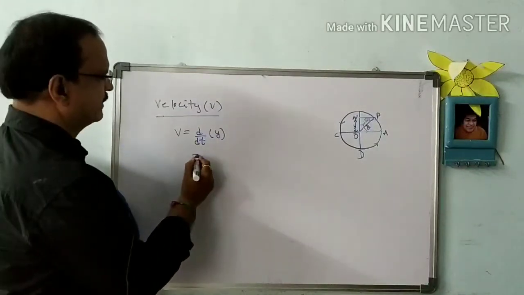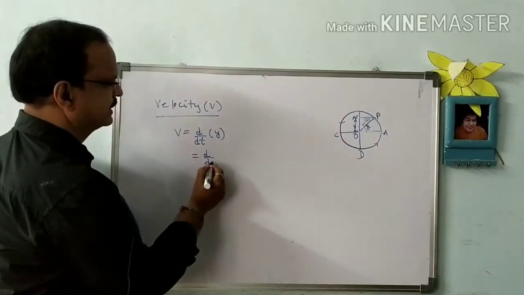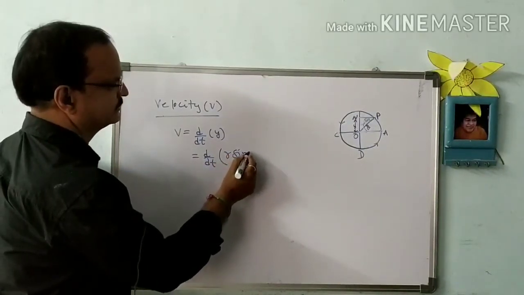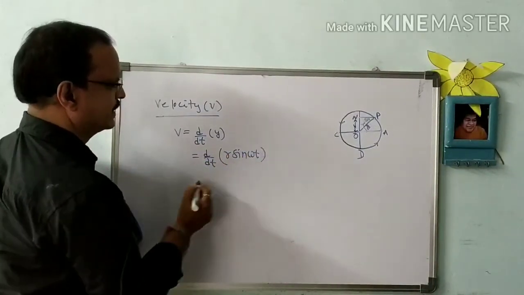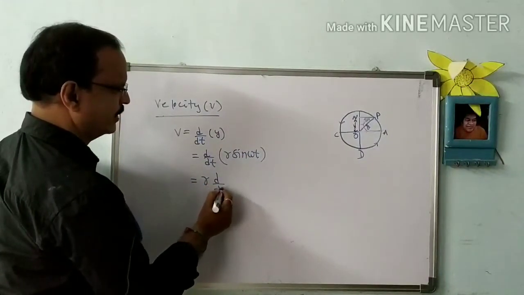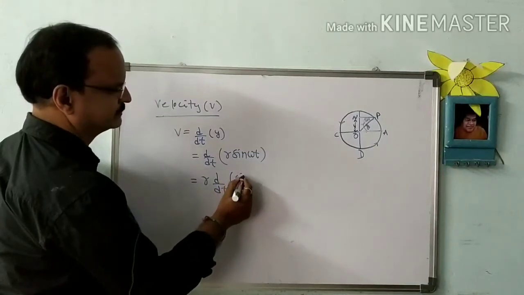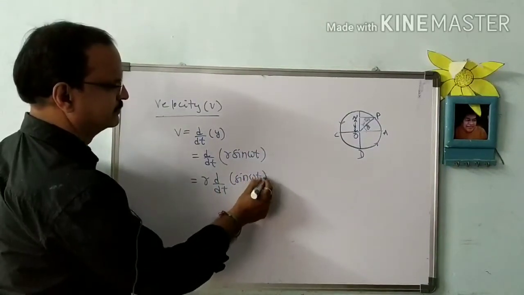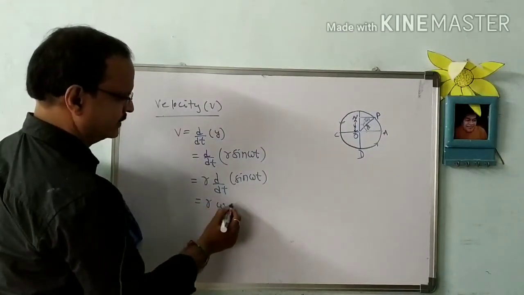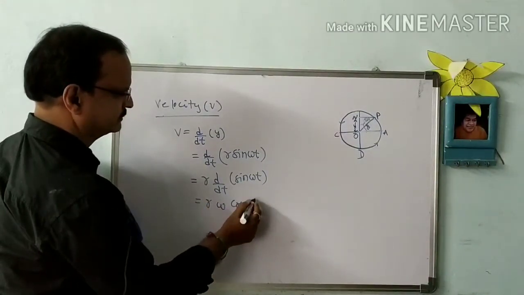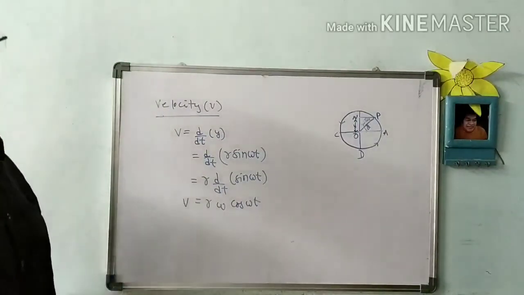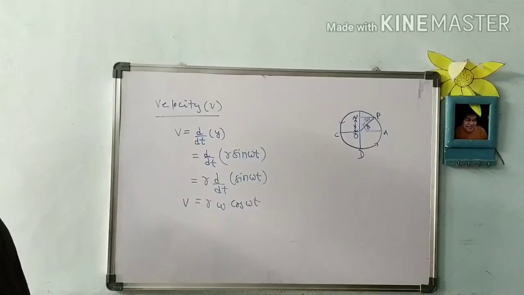We know that y is A sin omega t. So if you differentiate, that is A into d by dt of sin omega t. So we can write it as A into omega into cos omega t. So now we can write v is equal to A omega cos omega t.